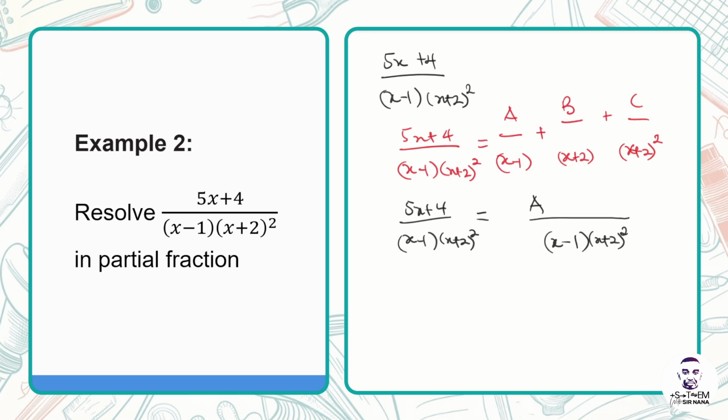So for A, x - 1 cancels x - 1, and we are left with (x + 2)². Plus B, x + 2 cancels one of the x + 2, so we have (x - 1)(x + 2). Then plus C, and for C, (x + 2)² cancels, leaving x - 1.